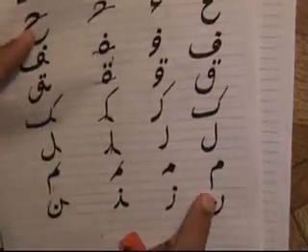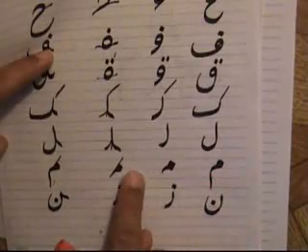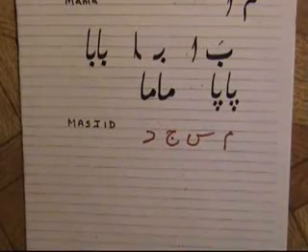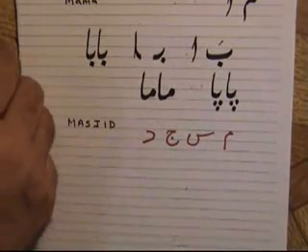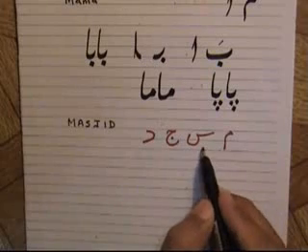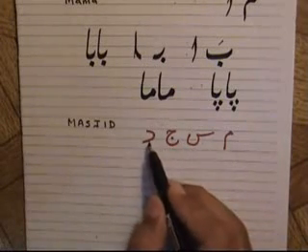Meme is again a connector, so we can connect any letter before and after meme. Only dal is a non-connector, and all other letters are connectors. So the sequence is meme, seen, jeem, dal, Masjid.